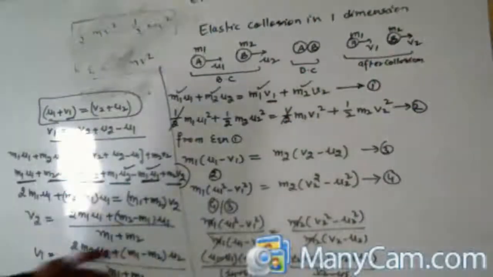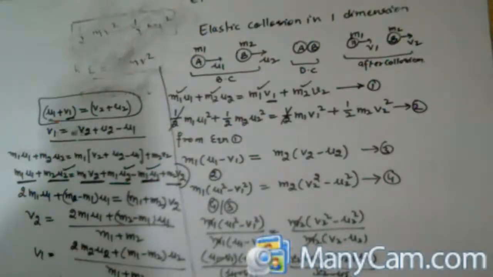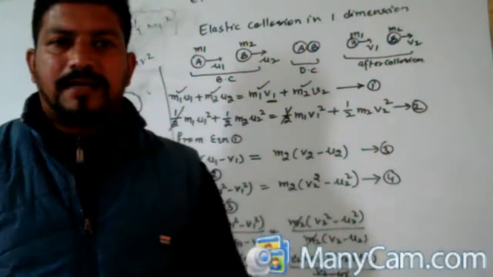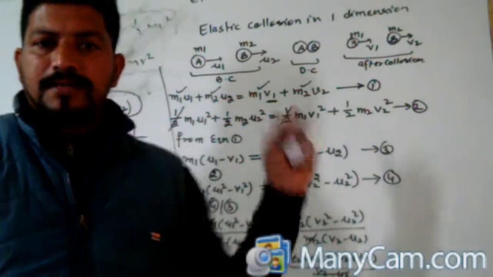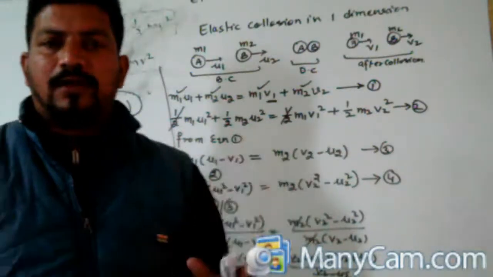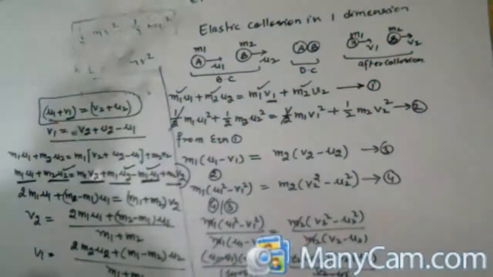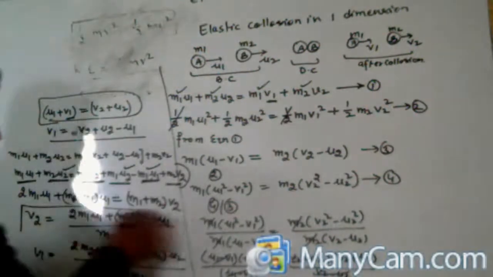This is your final velocity. If you calculate v1 and v2, now after that we can solve some special cases which depend upon this final velocity. Meaning if two balls collide with each other, they can move with the final velocities v1 and v2. तो यहाँ से बेटा हमने एक स्पेशल केस निकालना है.